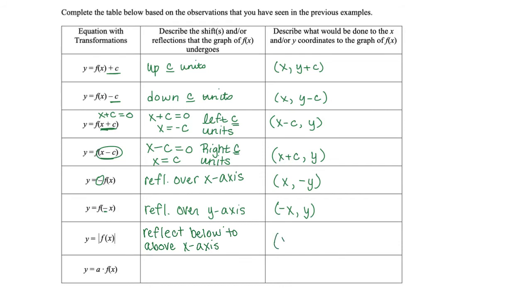And so you would see something that looks like this. And then this is going to be a vertical dilation by a factor of a, and you're going to see it as x comma a times y.